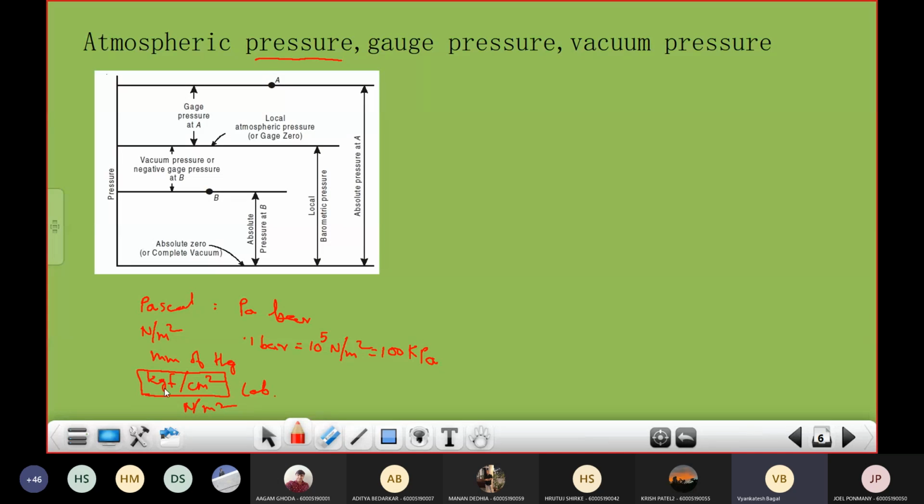Kilogram force will be converted by multiplying with 9.81, and centimeter, you know the relation between centimeter and meter, right? 100 centimeter is 1 meter. So accordingly you can convert this kgf per centimeter square to Newton per meter square. We will be using all these units interchangeably all the time.